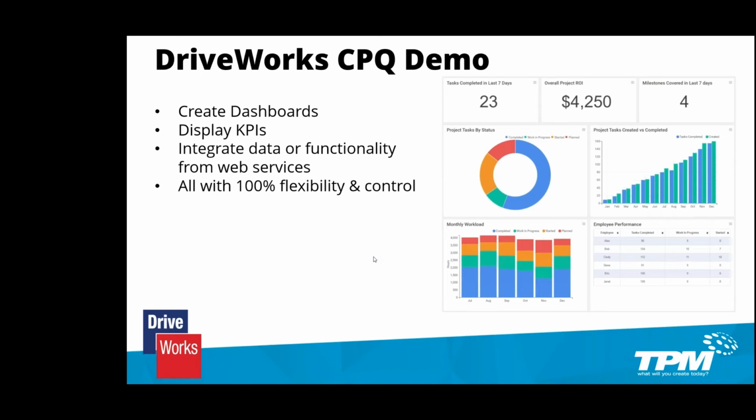Furthermore, an important aspect of any modern business system these days is having the ability to step back and take a look at how things are going. It's one thing to be able to use a system, but it's another to actually get actionable information, helpful reports, graphics, KPIs, all that stuff. So an intrinsic ability of the CPQ solution in DriveWorks is having dashboards and KPIs present throughout. And again, I'll point out how that is customizable to suit.